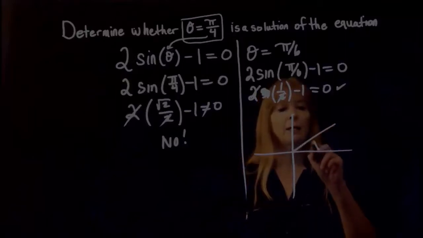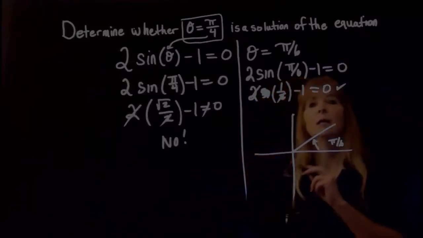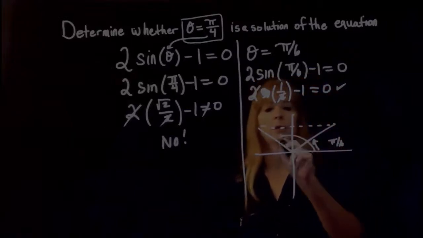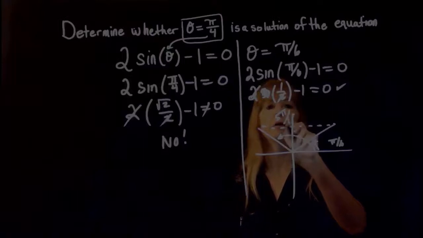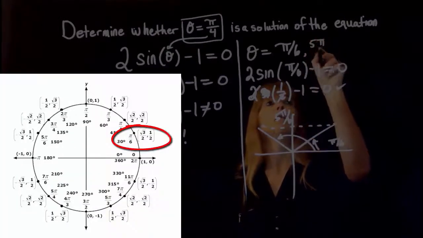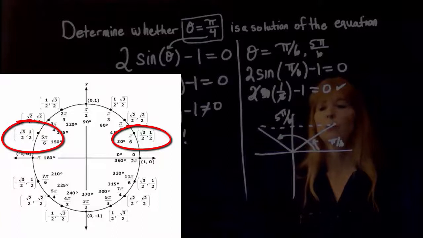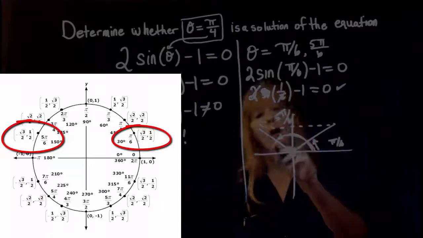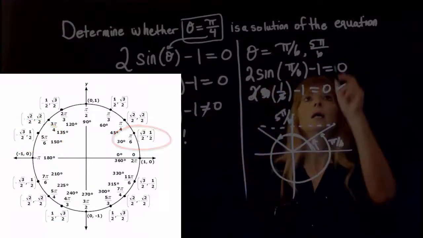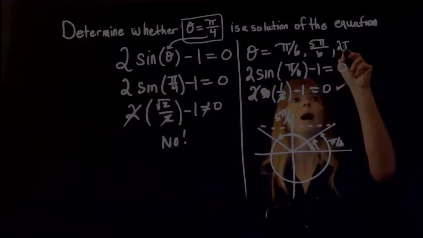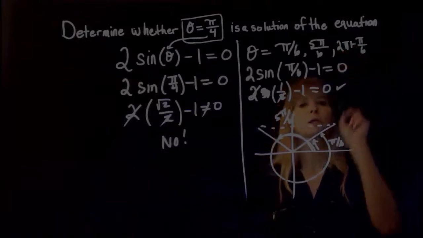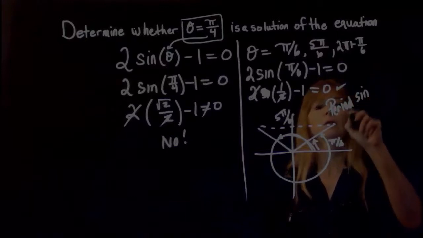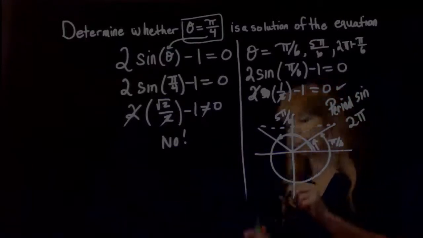Remember that sine, so if this is pi over 6, sine is y, so there's another y value over here. How about 5 pi over 6? So 5 pi over 6 works too. Also, what if I decided to go all the way around and back? In other words, 2 pi plus pi over 6, because we remember the period for the sine function is 2 pi.